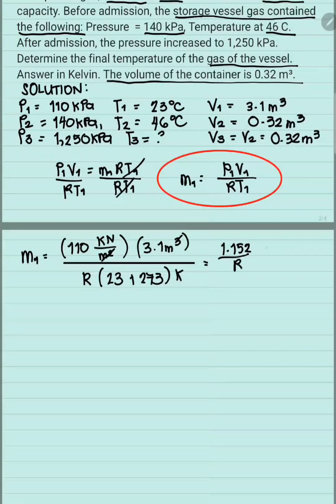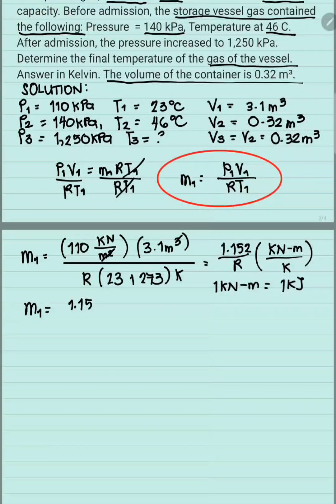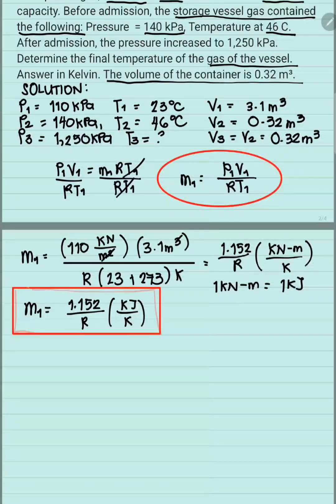1.152 over R with the unit of kilonewton meter over Kelvin, or take note that 1 kilonewton meter is equal to 1 kilojoule. So we can say that M1 is equal to 1.152 over R kilojoule over Kelvin. That would be our mass 1. Let's box it so you won't be confused, and we only have the mass at initial conditions.